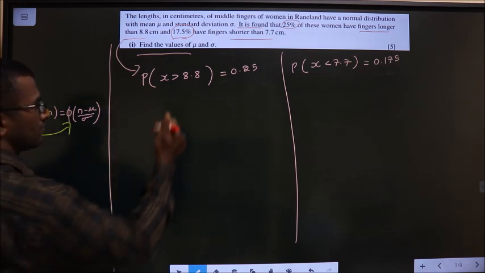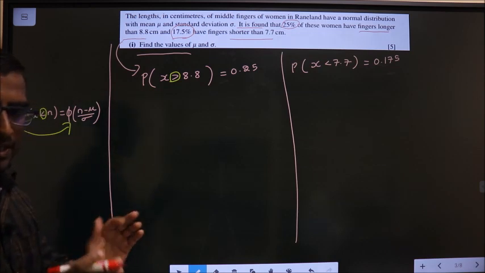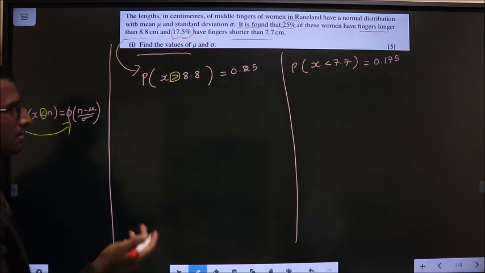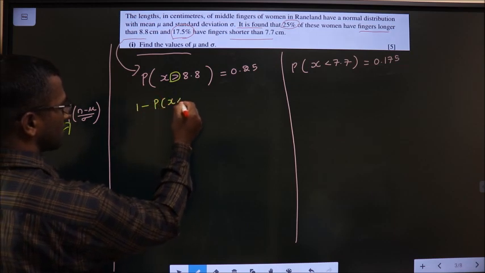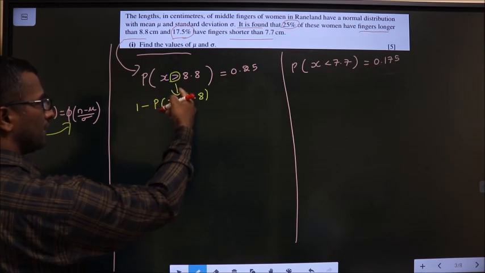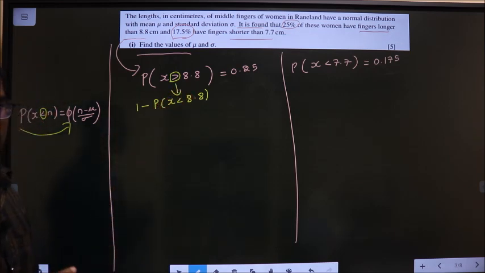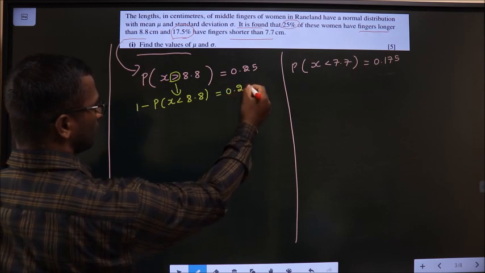Now here the symbol is greater than. So first you have to change the inequality direction in this way. We have to do 1 minus. Whenever I do 1 minus, the inequality will change its direction. Equal to 0.25.